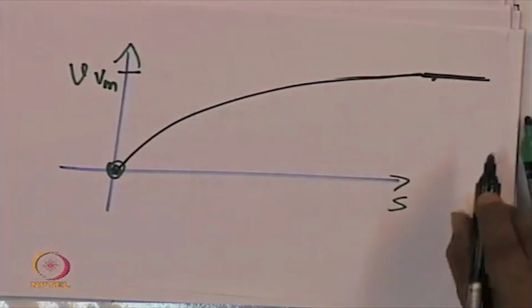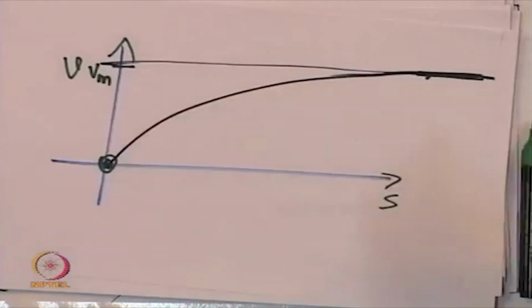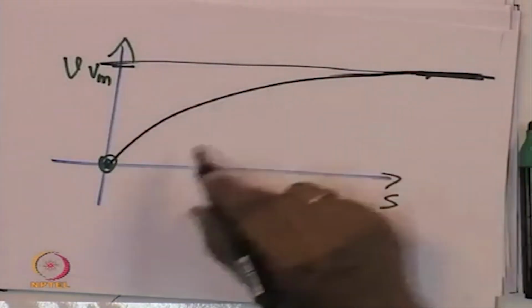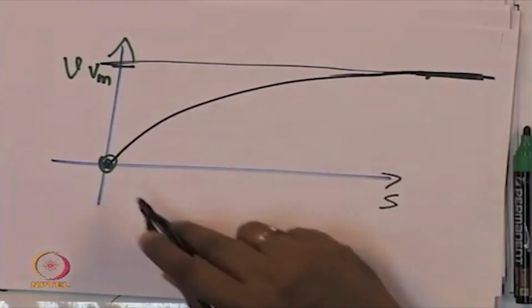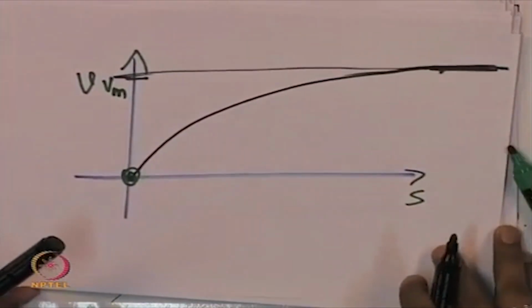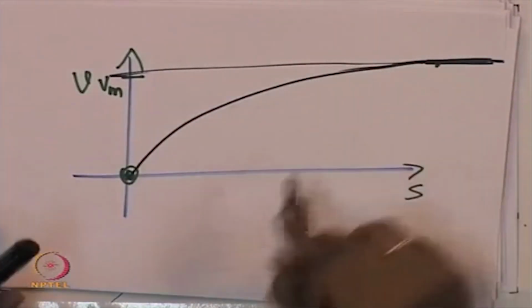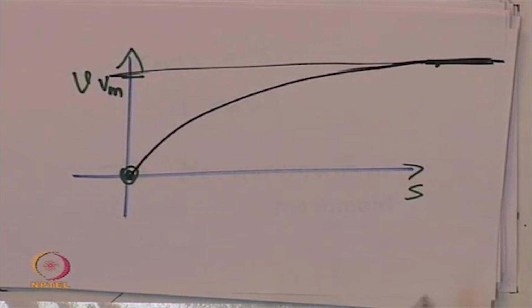As s tends to infinity, this has to saturate to the value Vm, and there is no minima or maxima, it is just a curve like this. You know that enzyme kinetics curves look roughly like this. It is slowly increasing and saturating to a constant value. So, this is what we saw.